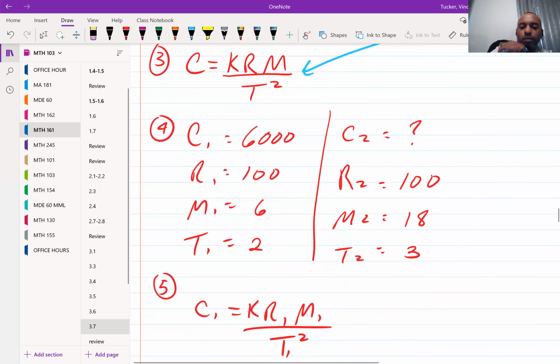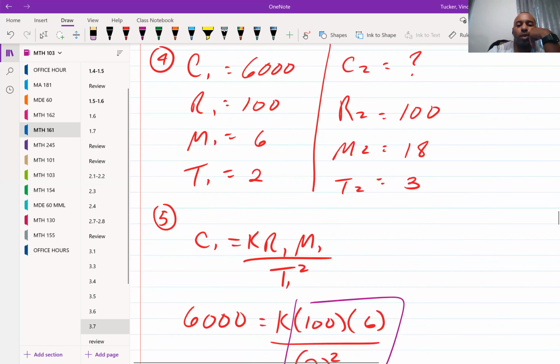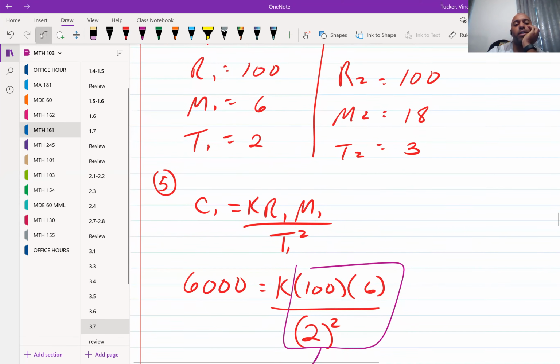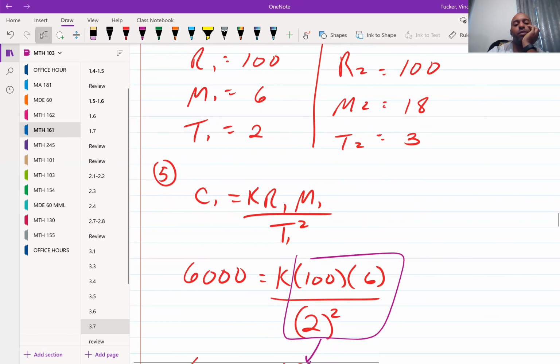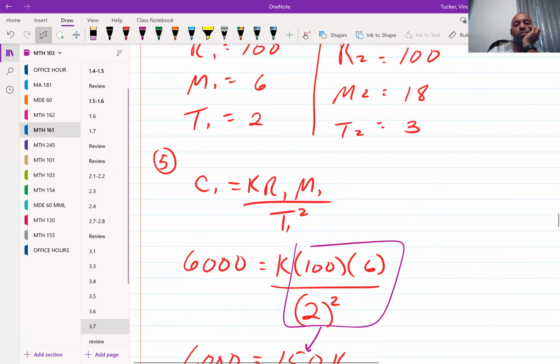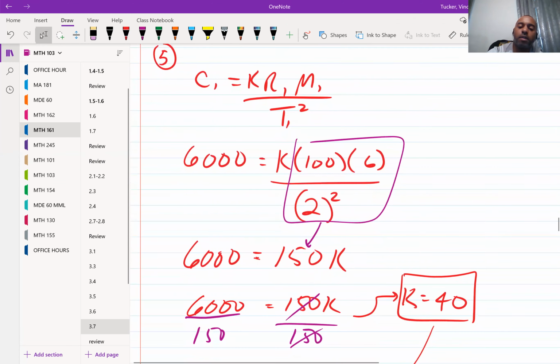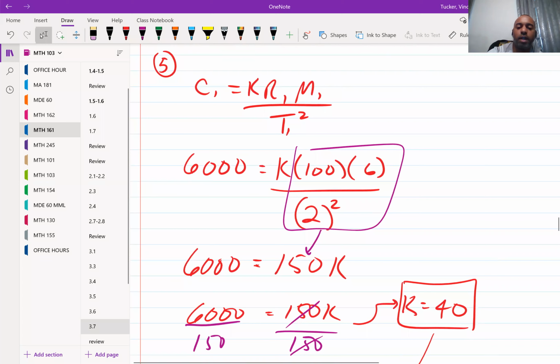All right. So plug in the first set of information, 6,000 for C, 100 for R, 6 for M, 2 for T. So 100 times 6 divided by 2 squared simplifies to 150. Divide both sides by 150, K is equal to 40.